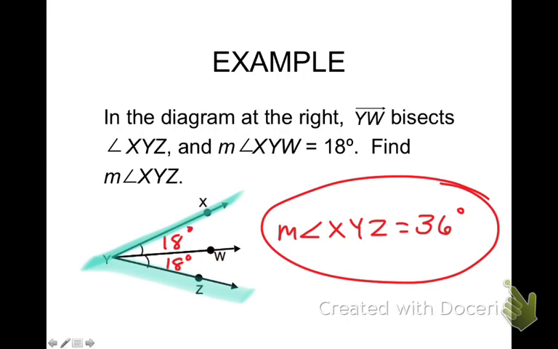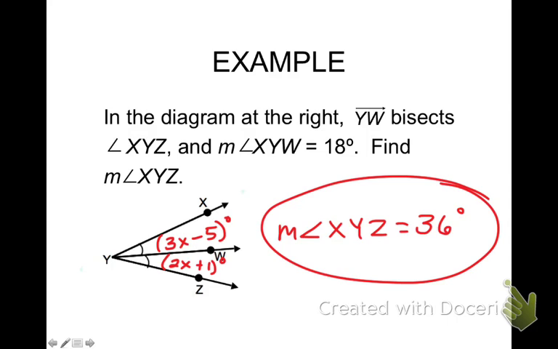Now I'm going to make you think for a second. I know this is not in your notes. Let's use our brains. What if instead of that being 18 degrees, it was something like 3x minus 5 degrees. Thanks, Morgan. Do you need a, I guess you don't need a pass, huh? And the bottom one was 2x plus 1 degrees.